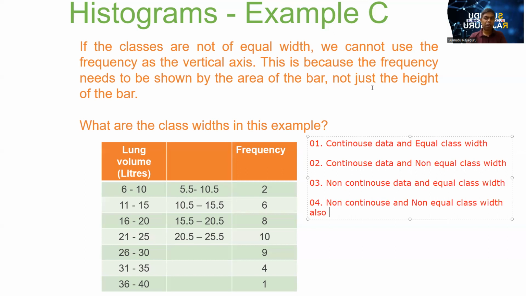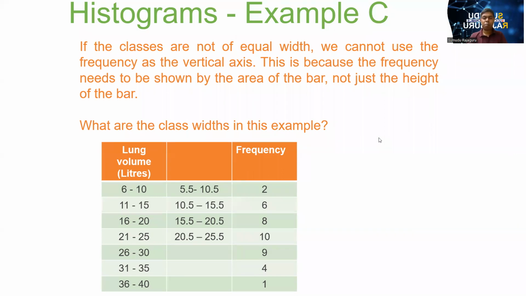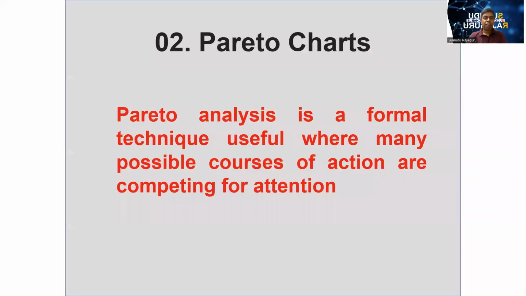Because of that, I would like to move to the second problem analyzing tool. That is called the Pareto chart. Please see the definition. Pareto analysis is a formal technique useful where many possible causes of action are competing for attention.